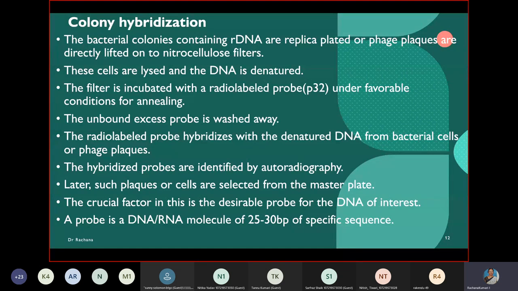Those that find their complementary sequences will bind.